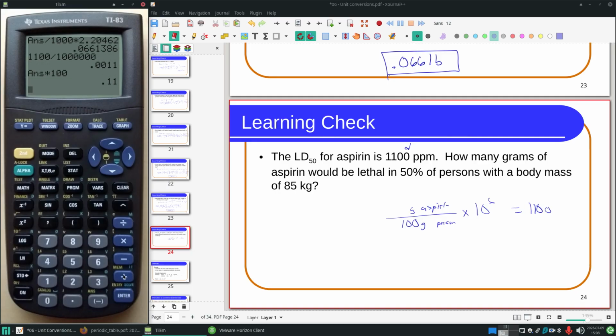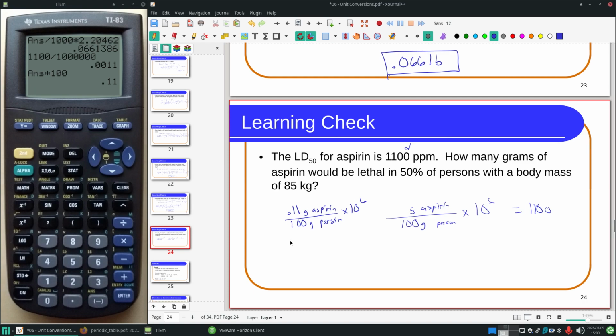All right, so this is telling me that this conversion factor to get that 1100 is 0.11 grams of aspirin to every 100 grams of person times the 10 to the sixth. That is my conversion factor. Now, I don't have it necessarily set up right. I might end up flipping this, but I'm going to show you how we're going to do this.